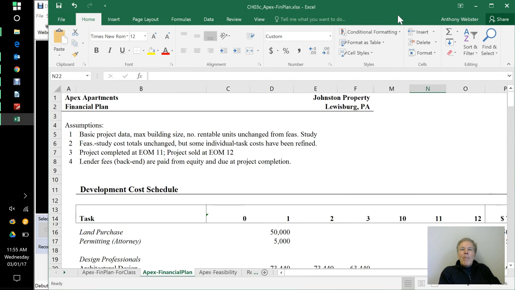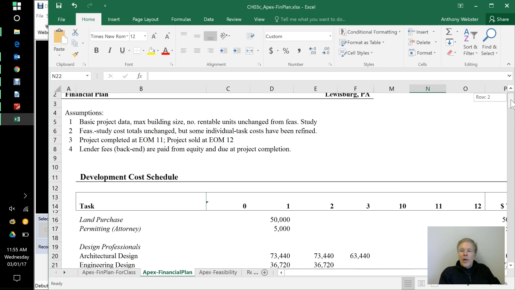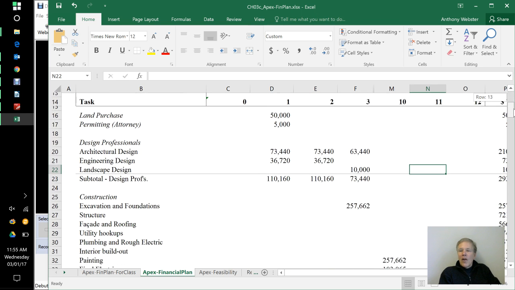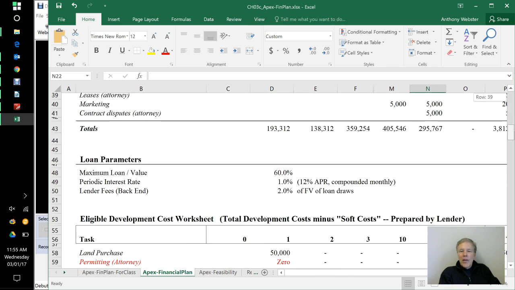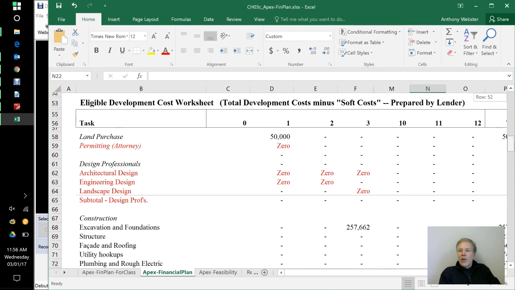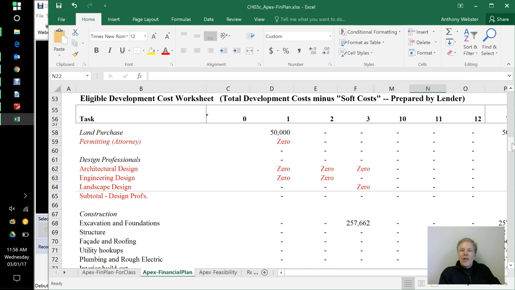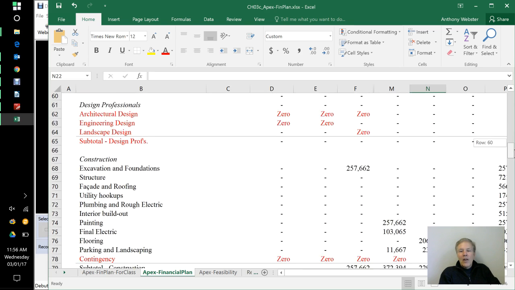Okay, back again. Now I'm ready to use the opportunity cost of capital, ROCC, that we've computed for CAG, and see how they should apply that to an internal rate of return analysis of the APEX project. So I've gone back to our APEX financial plan spreadsheet, where we listed all the development costs month by month, and we went to a lender who said they'd lend against some of these costs, but not all of them.